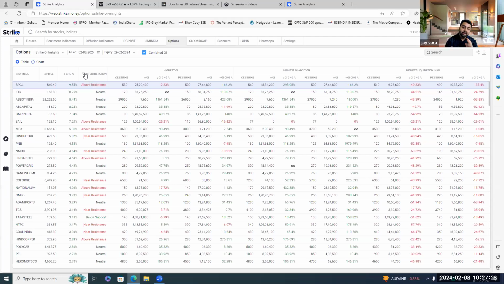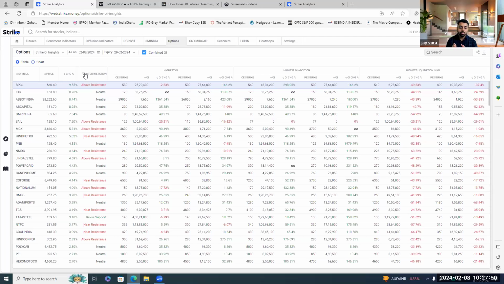Okay, and on the flip side, if there are many stocks that you're seeing which are near support level or below support level, that will probably be the point where the market could be near the bottom.